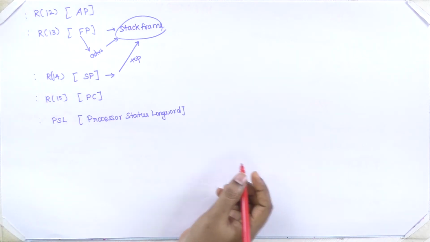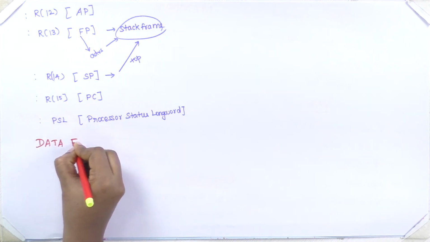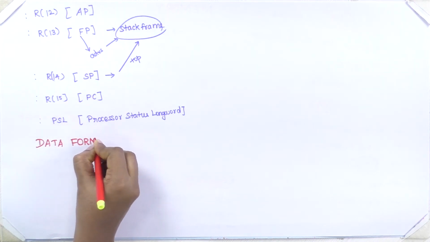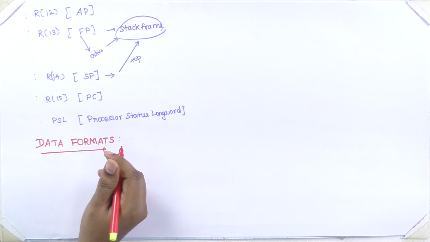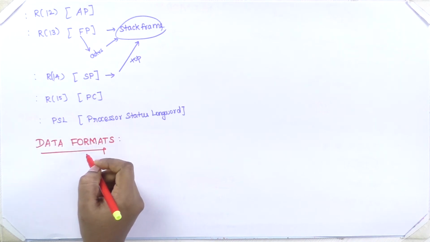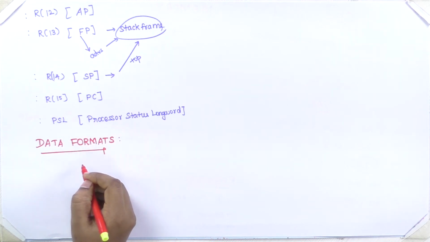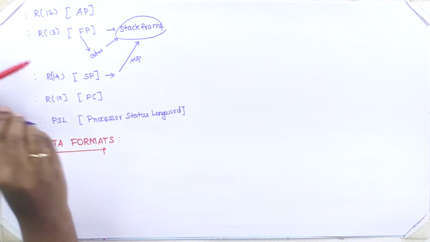Next hardware feature is data formats. As usual in data formats, we are going to see integers, floating point numbers, characters, everything. First, integers.